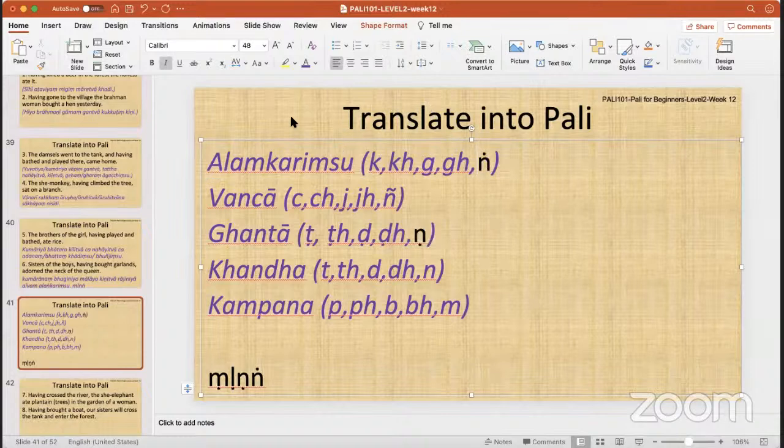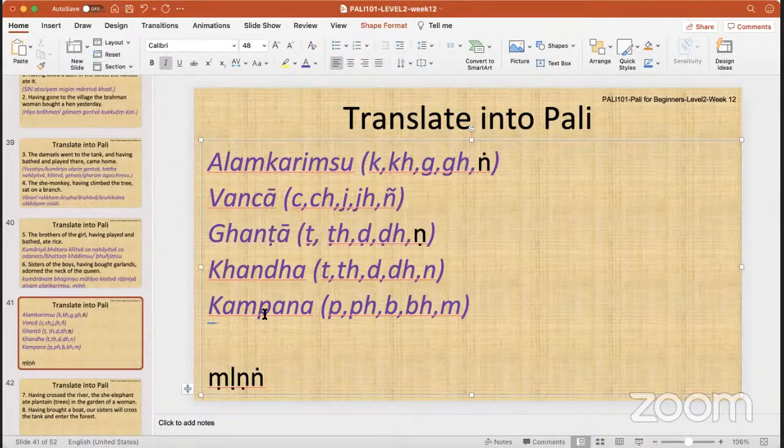Over here, if you see Alankarinsu, this one is ka, and before ka you see the ang sound. And over here cha, and before cha you also see the ang sound. And again here ta, and before ta you can also see the ang sound.